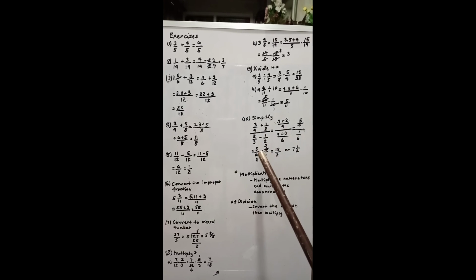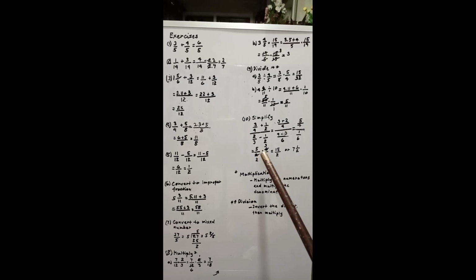So we have 5 over 4 times 6 over 1. We invert the divisor. And take note that we can do some cancellation because 4 can be divided by 2, and 6 can also be divided by 2.